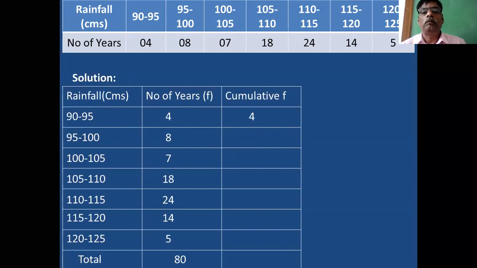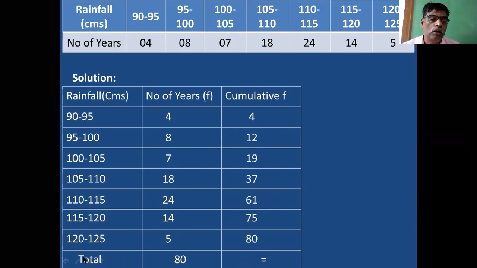Then add one by one in the cumulative. First cumulative plus second item is equal to second cumulative: 4 plus 8 is 12. 12 plus 7 is equal to 19. 19 plus 18 is equal to 37. 37 plus 24 is equal to 61. 61 plus 14 is equal to 75. 75 plus 5 is equal to 80. This total must tally.